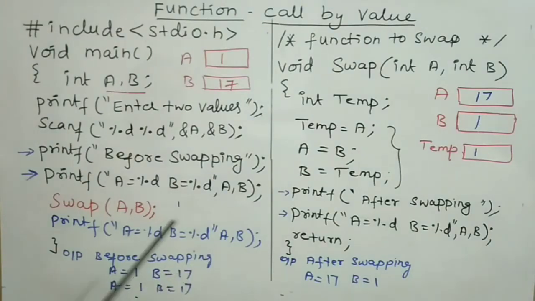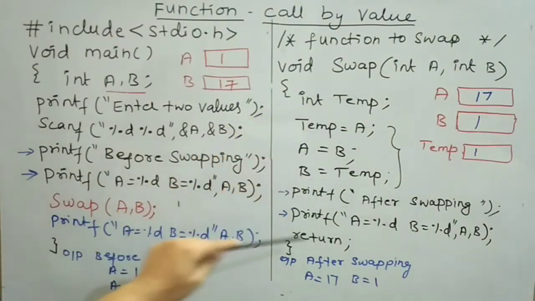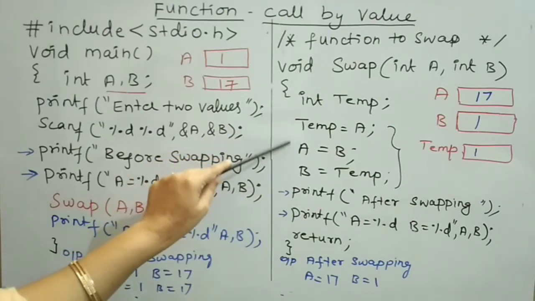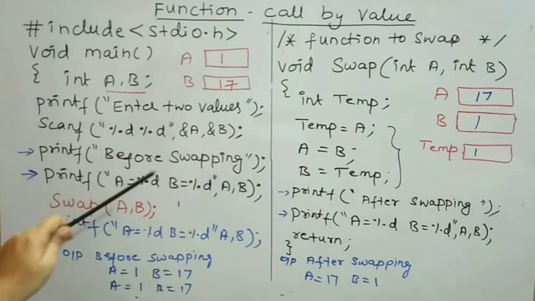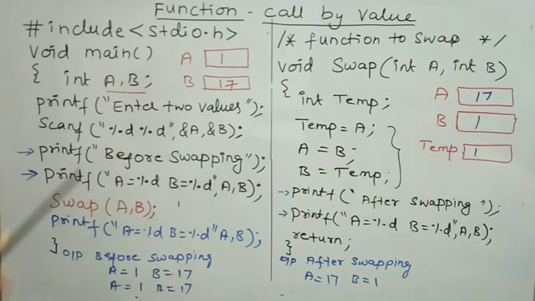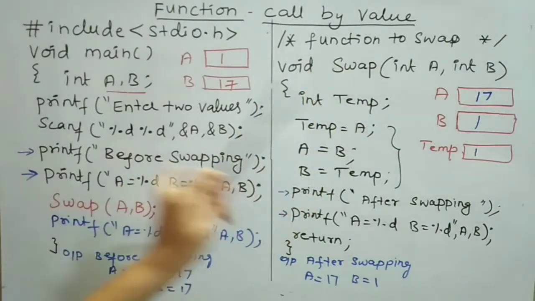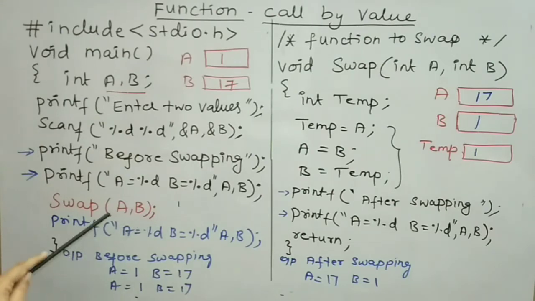When I call the function by passing the value, if I am making changes in the value inside the function, that will not be reflected outside the function when I come out of this function. That is the only disadvantage of call by value. If I want to make the exchanged value of a and b permanent, I need to call the function by passing the reference.